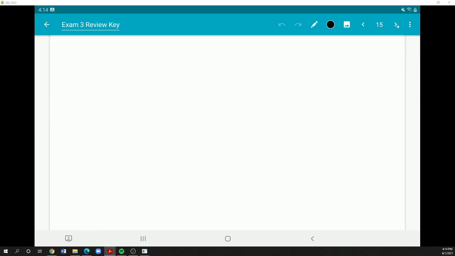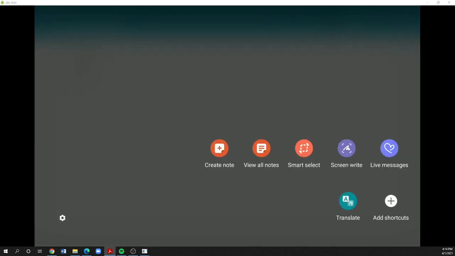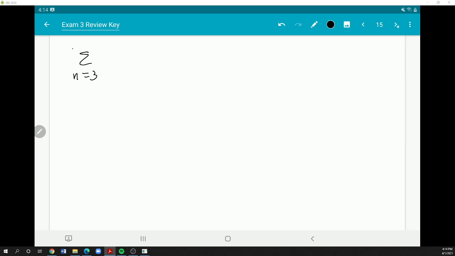Okay, and now we have the sum n equals 3 to infinity of n times n factorial over n plus 1 factorial minus 1.